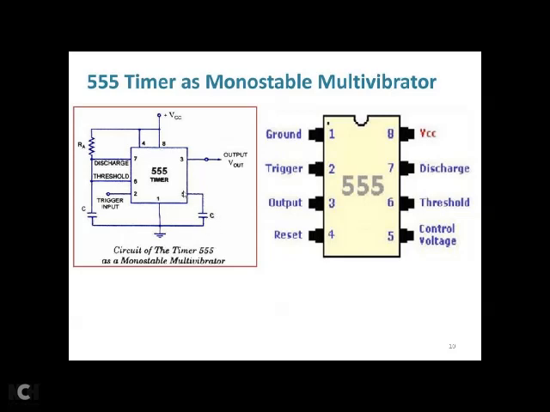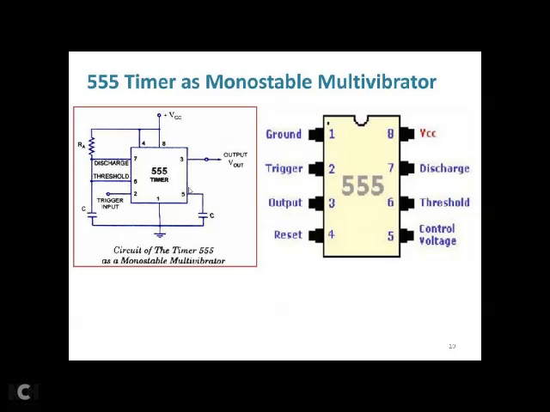And you can see 5 is the control voltage. This control voltage is an additional feature of the 555 timer, wherein you can change the threshold values in the resistor network we have in the 555 timer IC.